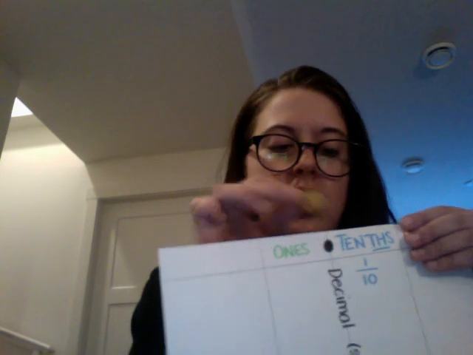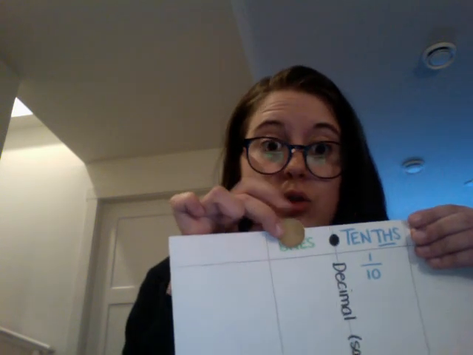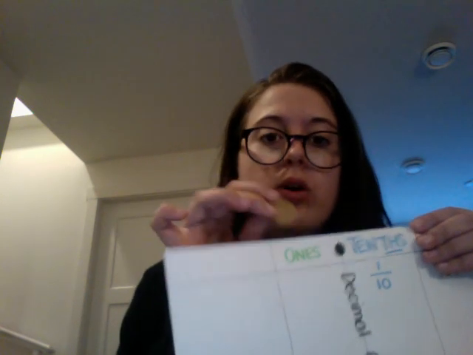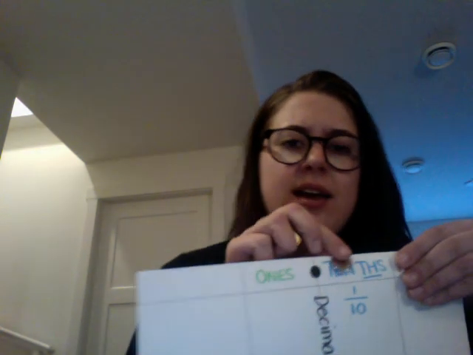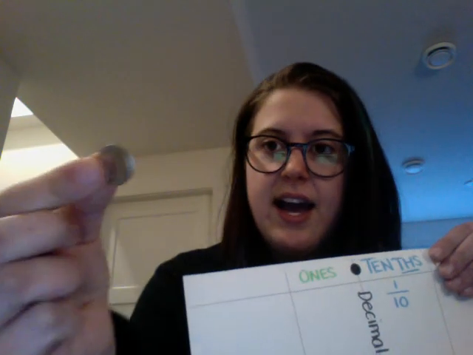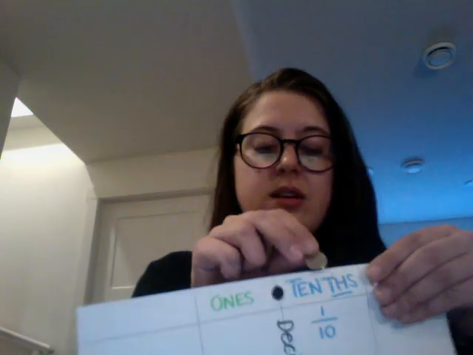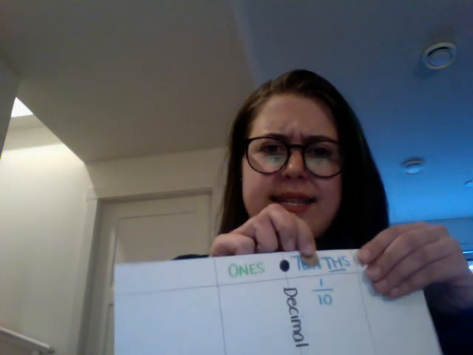A dollar could represent the unit, one whole dollar. Won't buy you too much, unfortunately, anymore. But one whole dollar represents our ones column. And our tenths column is represented by the silver coin that has the boat on it, the 10-cent coin, the dime. So that is representing our tenths column.